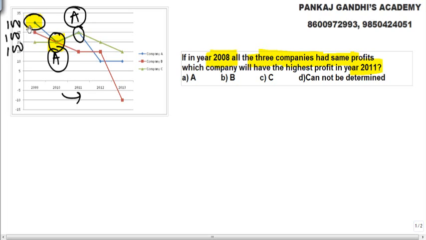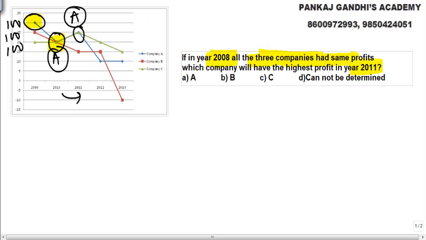All started same, from 8 to 9 A grew the most, 9 to 10 all grew the same, so A is still highest, and from 10 to 11 A and C are highest, so again A is highest.